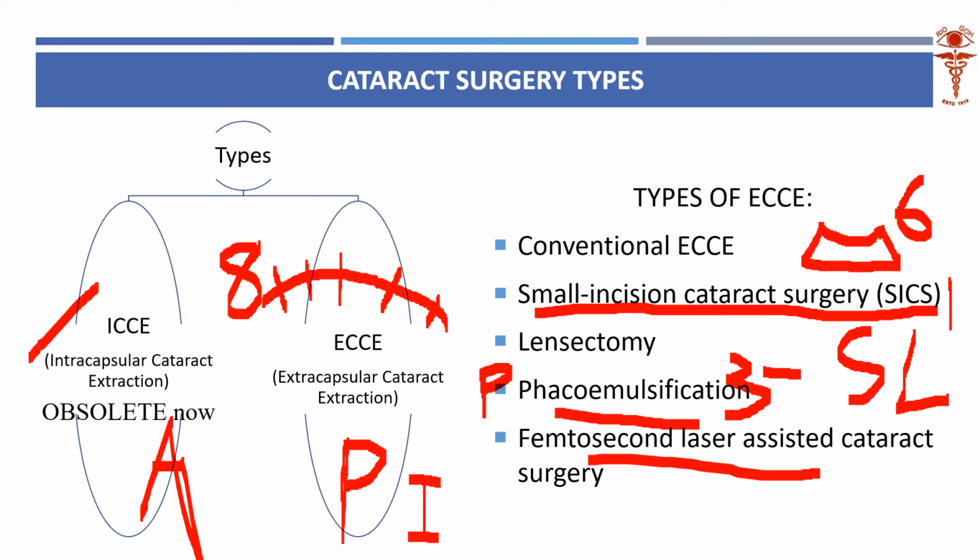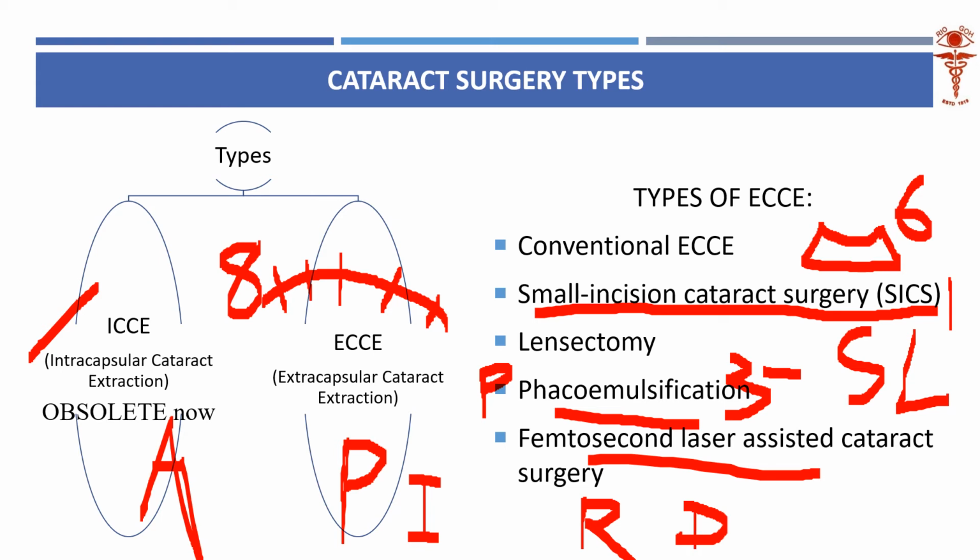Femtosecond laser assisted surgery uses a special laser which can do certain steps. The most critical steps of phacoemulsification are a capsular rhexis and a lens division or fracture, in the divide and conquer technique, division of the lens.